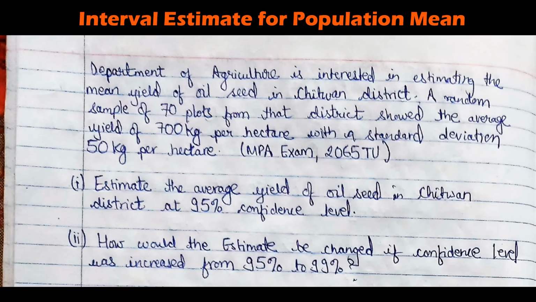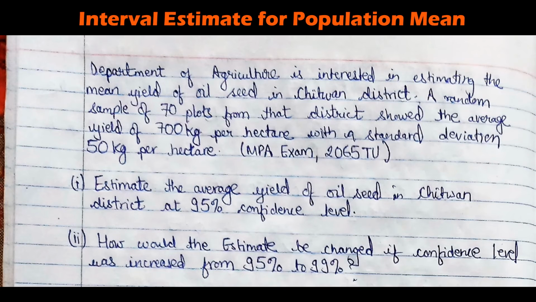Here we have the problem for population mean, which reads as follows. The Department of Agriculture is interested in estimating the mean yield of oilseed in Chitwan district. A random sample of 70 plots from that district showed an average yield of 700 kg per hectare with a standard deviation of 50 kg per hectare.